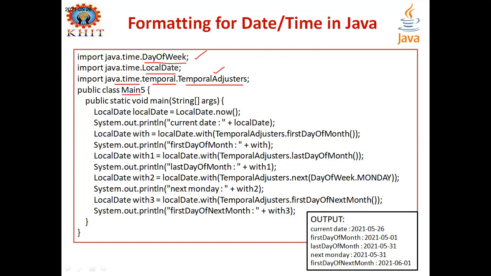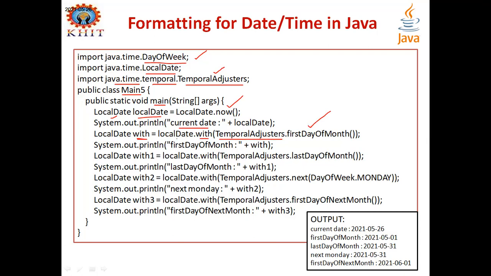Inside the main method, define first a LocalDate object, call the now method to load the current date, and display it. After that, with the LocalDate object, you can call the with method using TemporalAdjusters for the first day of month.